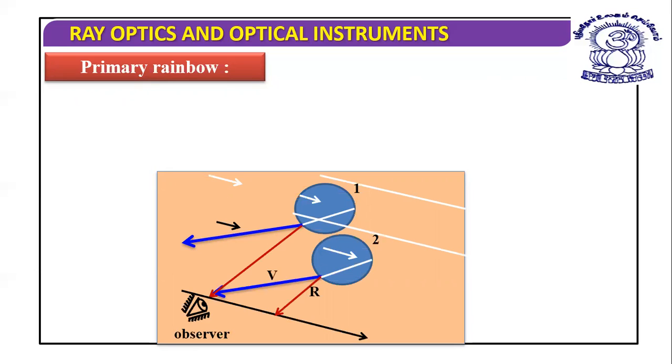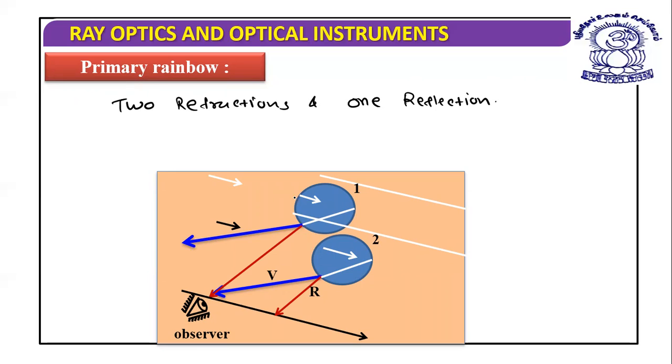So there will be two phenomena: two refractions and one reflection occur in the formation of a rainbow. Here we can see that white light is incident on two water droplets.